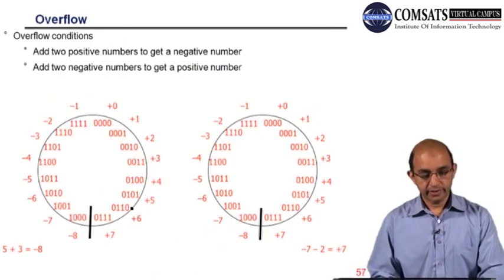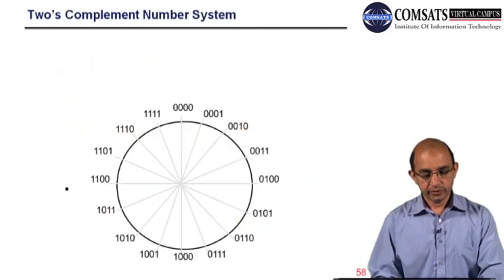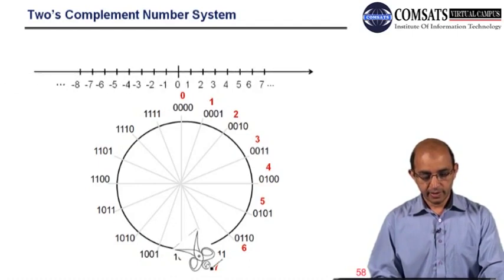This is almost the same circle, but whenever we talk about overflow, you can have an idea. So this is 0 1 2 3 4 5 6 7, and here we have the negative numbers.